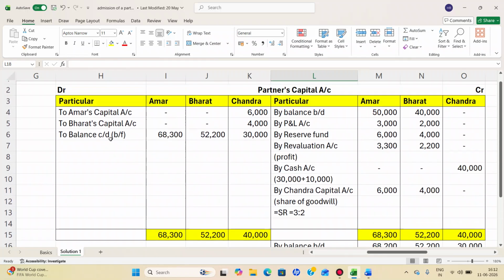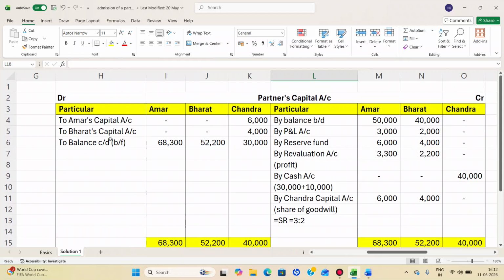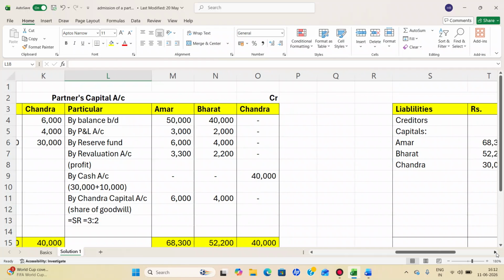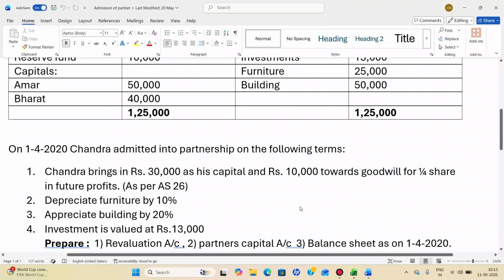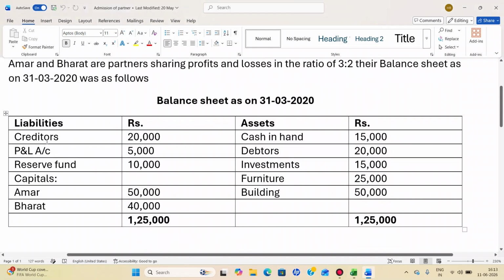Afterwards, you have to prepare balance sheet, that is new balance sheet. Here, balance sheet as on 1/4/2020, we have to prepare liabilities and assets. Here I will show you how to prepare balance sheet. Here creditors, we have to write as it is as a liability.